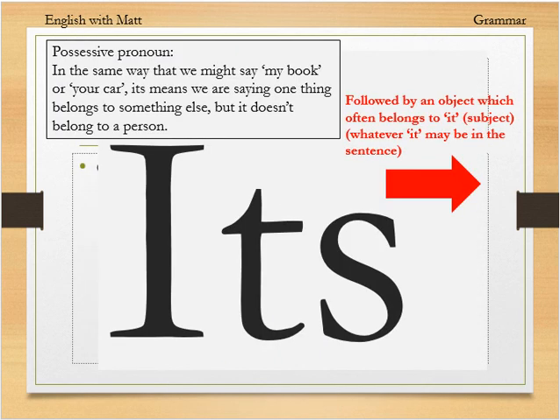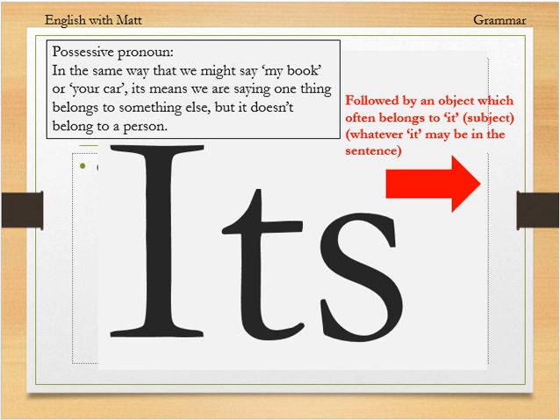The second type of its, without the apostrophe, is slightly more complex because it's to do with subjects and objects in sentences. So I'm just going to try and explain this as simple as possible. So its, without the apostrophe, is a possessive pronoun, which means it's all to do with something that belongs to something else.